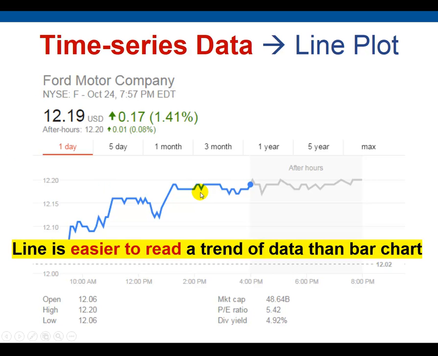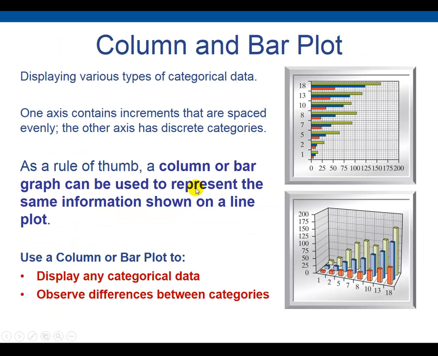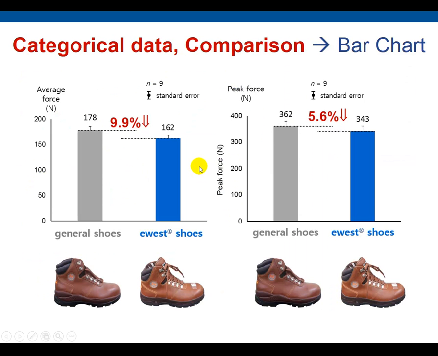A line is easier for reading a data trend than a bar chart. Okay? Then when do we use a bar chart? If you have categorical data, or if you want to compare differences between categories, then a bar chart is a good solution. For example, this is a shoe comparison. The left one is general shoes and the right one is e-West shoes.